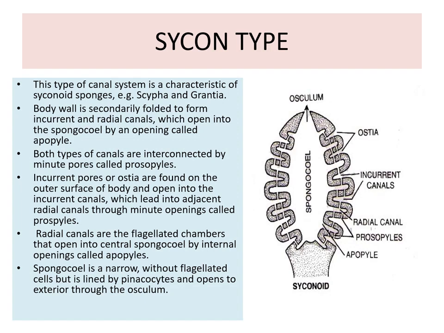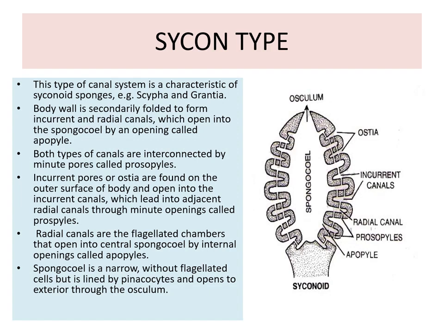Both types of canals are interconnected by minute pores known as the prosopyle. The incurrent pores or the ostia are found on the outer surface of the body and open into the incurrent canal, which leads into the adjacent radial canal through minute openings called the prosopyles.